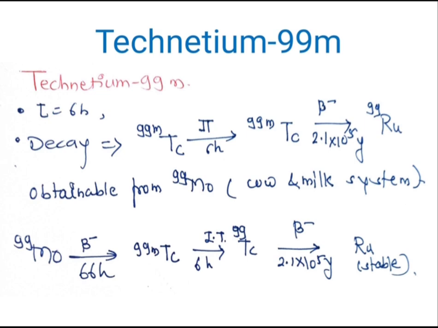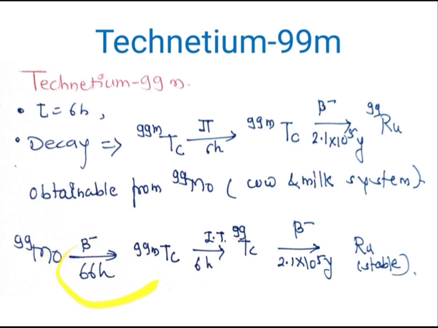So how will that be produced initially? From the cow and milk system, technetium 99m is generated. I have written the reaction here. Molybdenum 99 gives technetium 99m after beta minus decay.